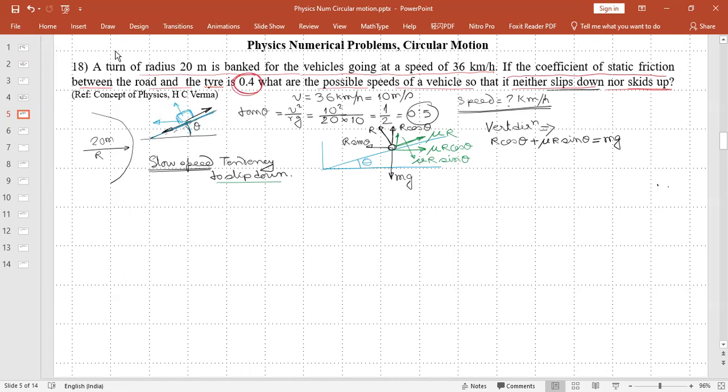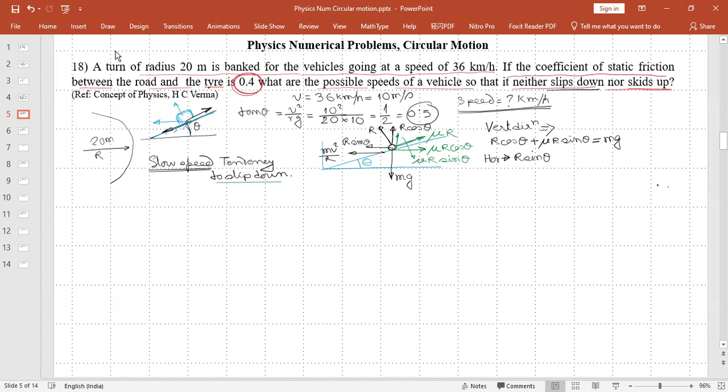Now let us equate the horizontal forces. Horizontal forces, we have R sin theta towards left, and also there is a centripetal force towards left, which is mv square by r.